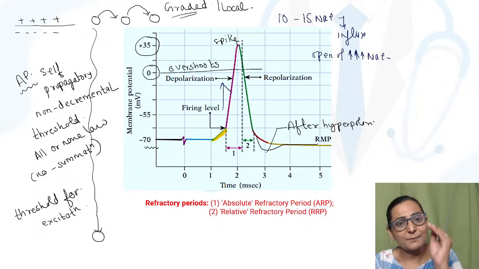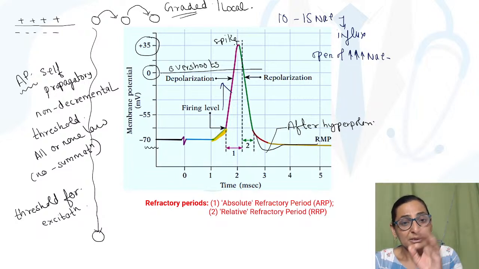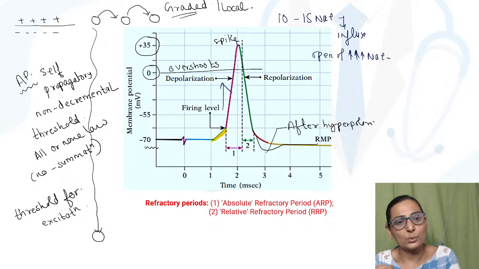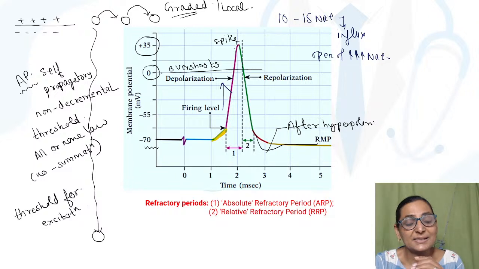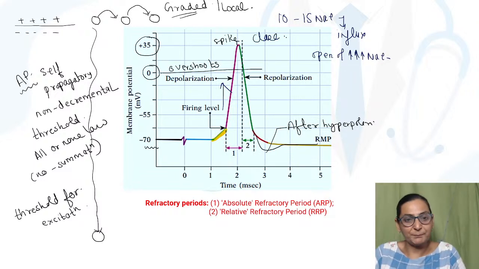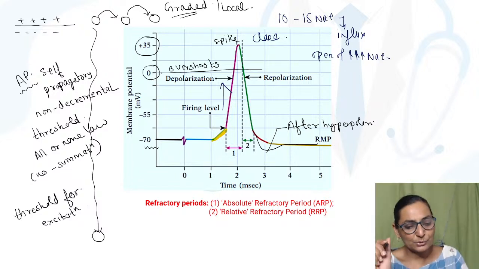So once it comes to plus 35, this voltage will again be sensed by the sodium channels, and the sodium channels at plus 35 will close. So I repeat, you gave a threshold stimulus and it resulted in opening of a few sodium channels, and sodium came inside. These sodium ions will result in opening of more and more sodium channels.